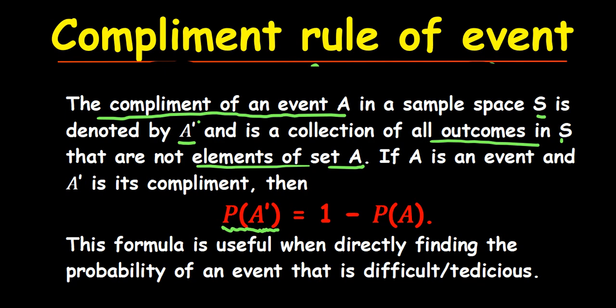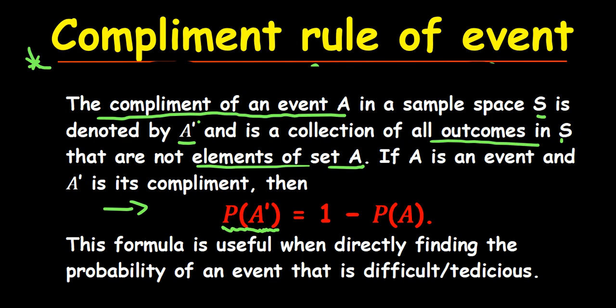So this rule is very important, because there are some scenarios where you are required to find the probability, and if you follow the straight path rule to find the probability of this A complement, it will be a very long and difficult process. So what do we do in order to cut it short or to find a better way to find the probability of a complement event?